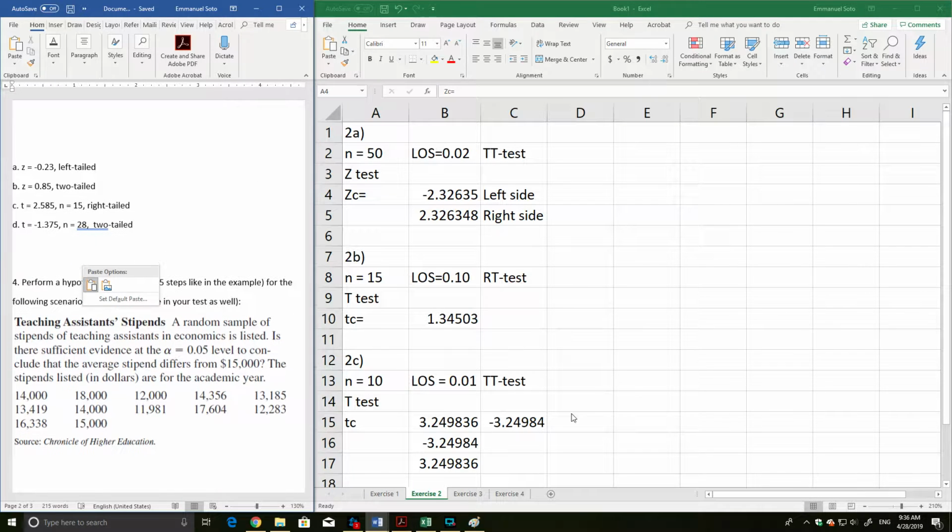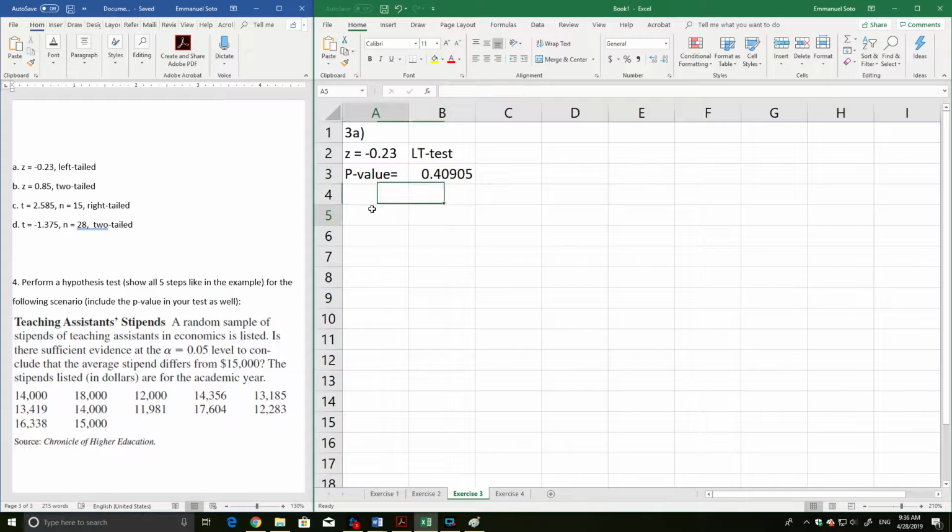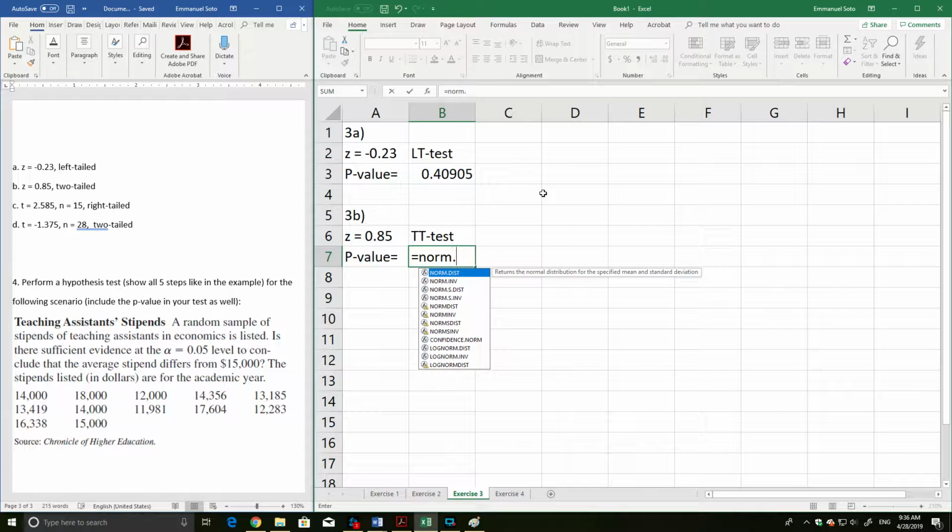So for exercise 3, let's go ahead and go to 3B. Our z is 0.85, and we're looking at a two-tailed test. So we need to find the p-value. So we're going to use the same function for the z, NORM.S.DIST.